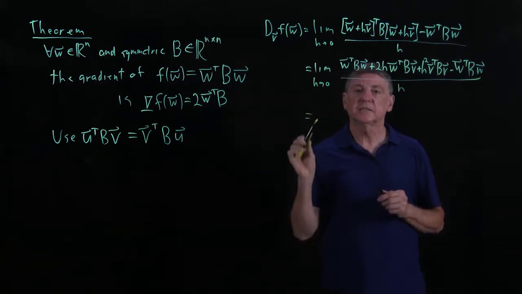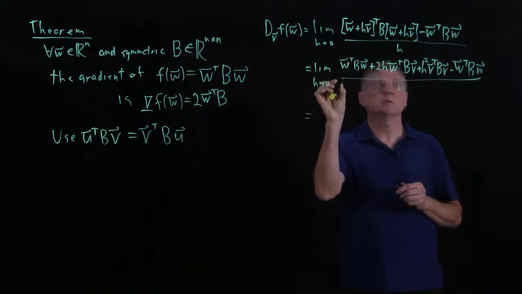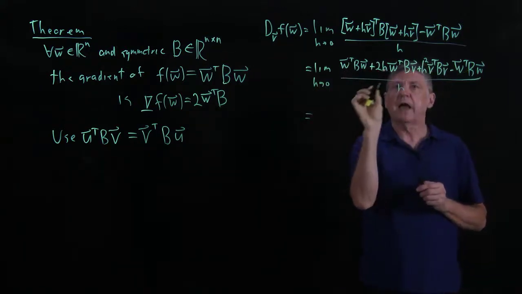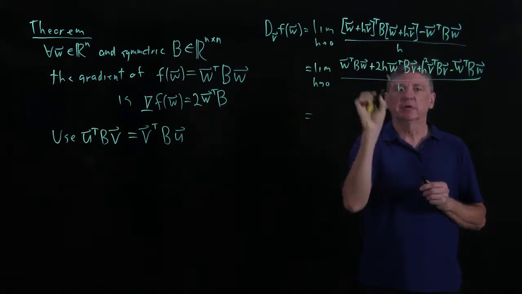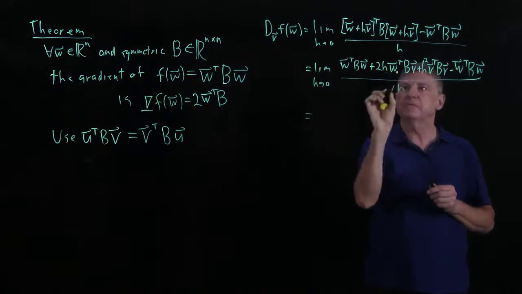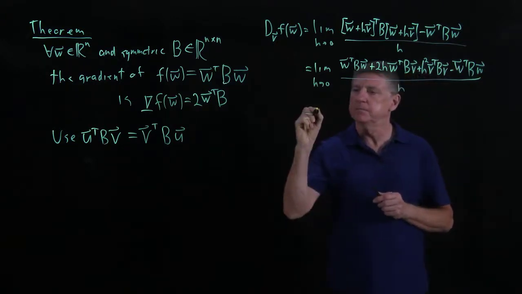Immediately I can see that w transpose b w cancels out. I see an h appearing, so I'm going to do two things at once. I'm going to get rid of that, and I'm going to factor h out of this expression.